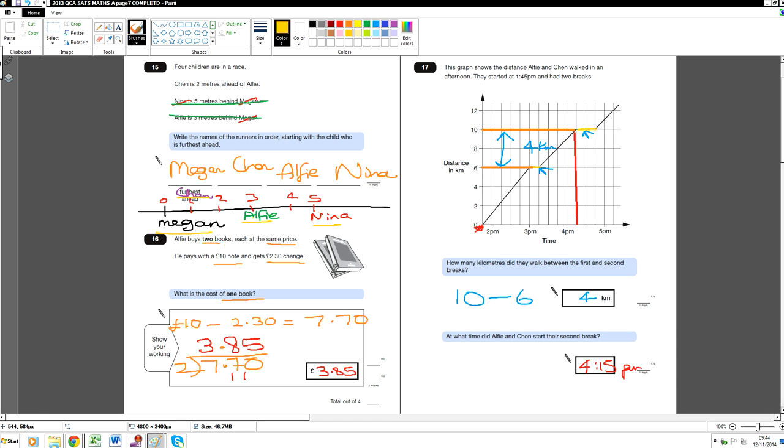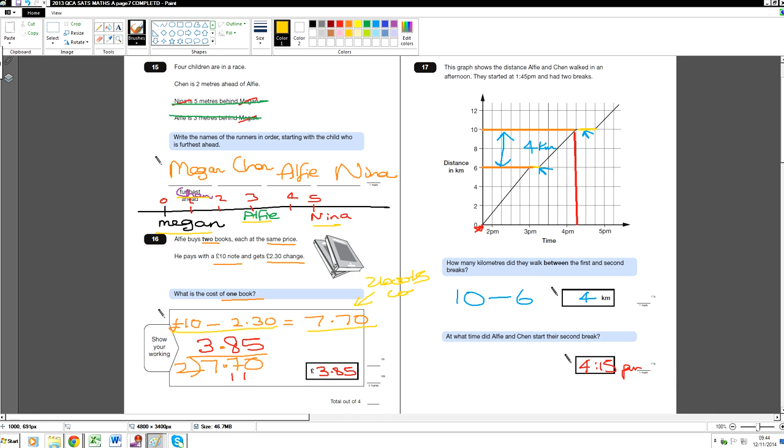Alfie buys 2 books. Each of them are the same price. He pays with a £10 note and gets £2.30 change. I'll call this a reverse question. So let's start from the £10 note. If you do £10 note, you minus the change, what you get is how much you spent, how much the 2 books cost.